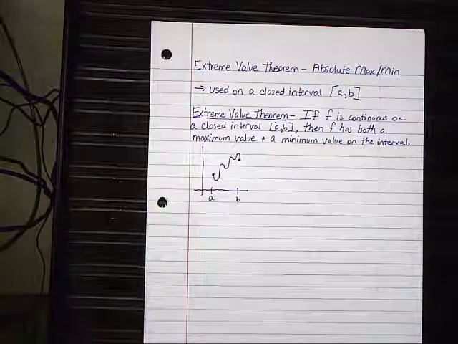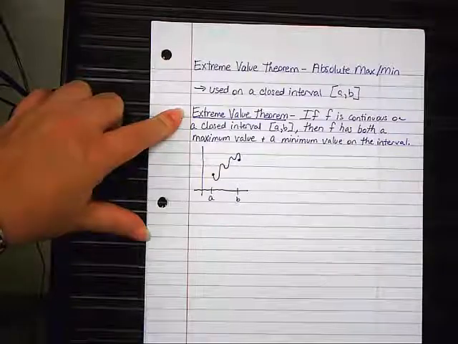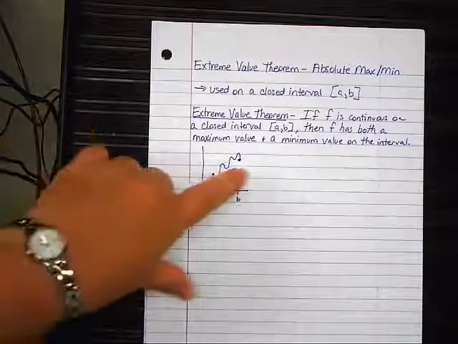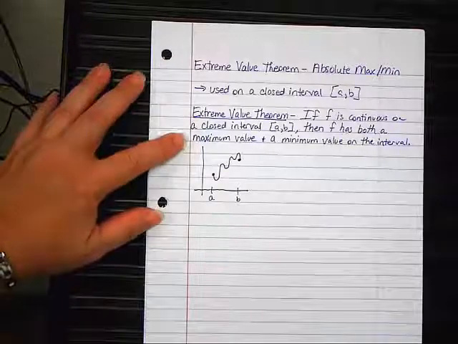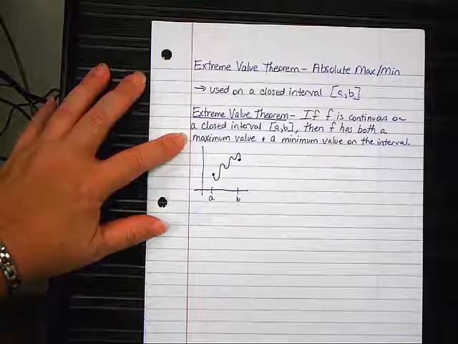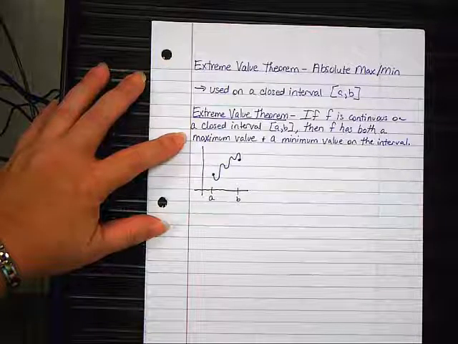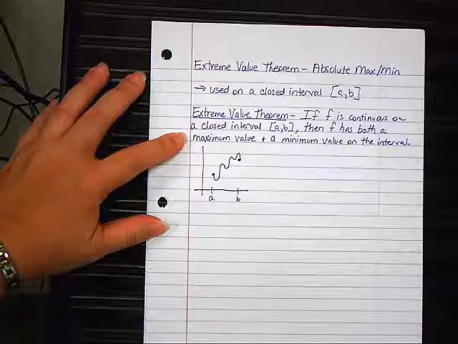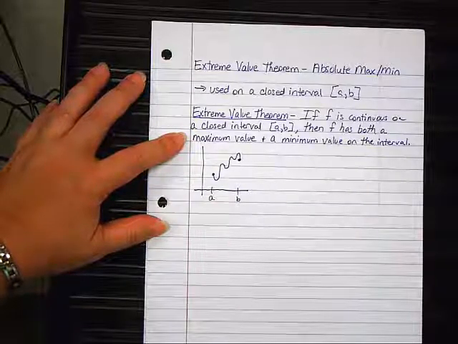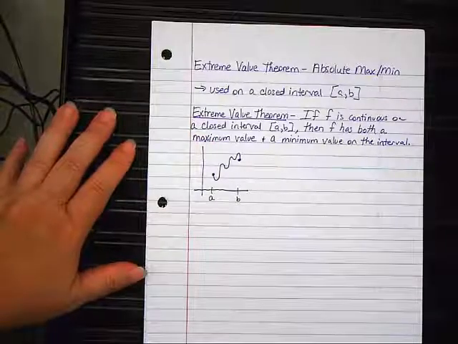Try to be weird. Okay. According to the theorem, if f is continuous on the closed interval from A to B, that's a continuous graph, and so is yours, there has to be a maximum value and a minimum value on your graph. Do you have a highest point on your graph? Is there a highest point somewhere? Is there a lowest point somewhere? That's what the extreme value theorem says. So as long as your interval is closed, you're going to have a highest point and a lowest point.